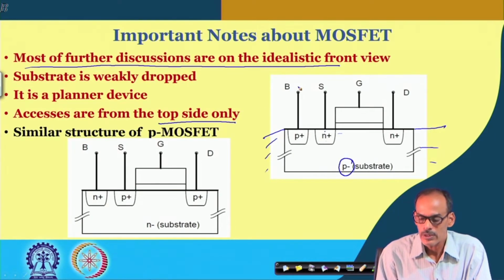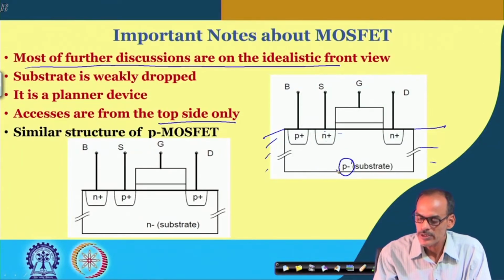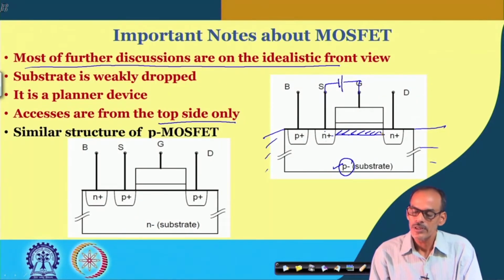The other thing is that in this basic structure the substrate is p type, and by applying a voltage here we are changing this portion into n type. Once it is changed to n type, the channel is getting converted into n type.